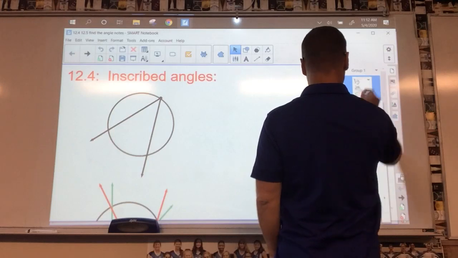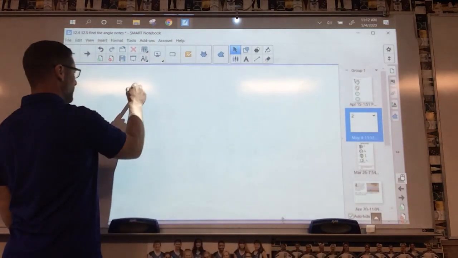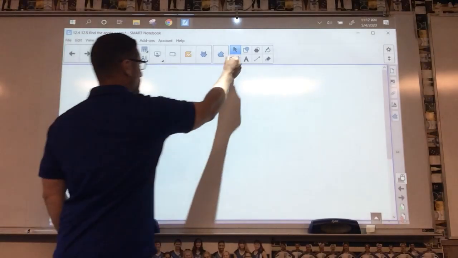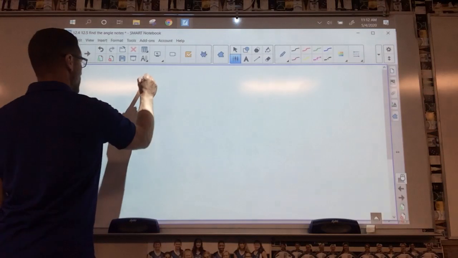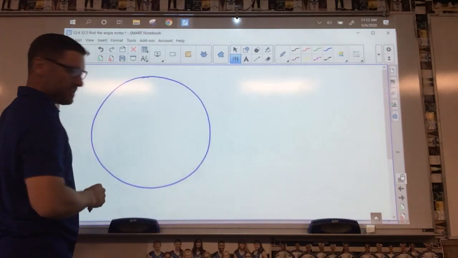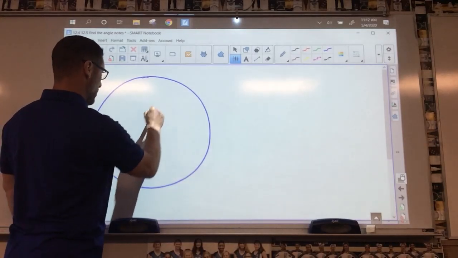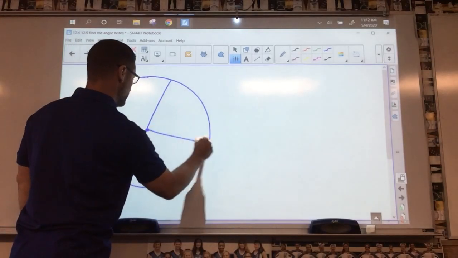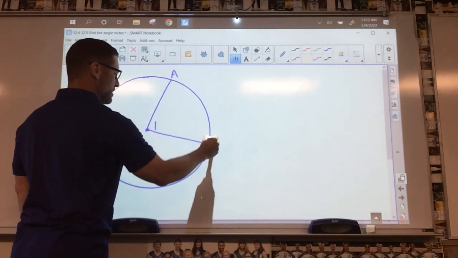I'm going to insert a blank page real quick, and I just want to talk about some of the stuff that we know. So we have our circle. That's a pretty good circle for me. And then we have our angle that exists right here, angle 1, and then we have the arc AB.